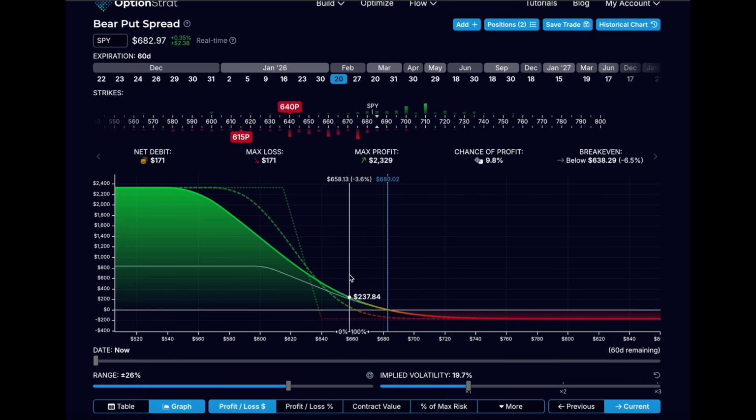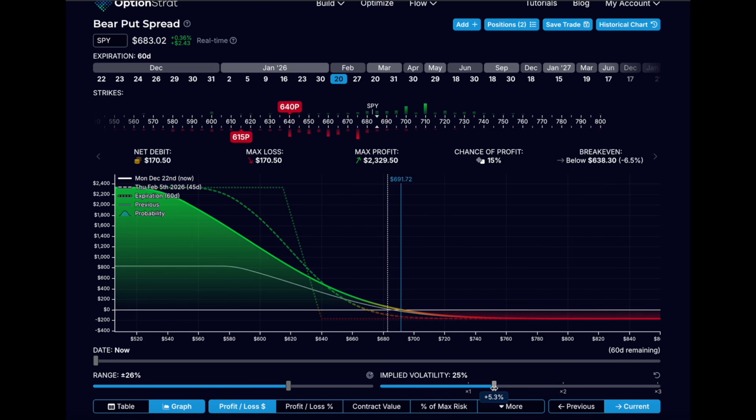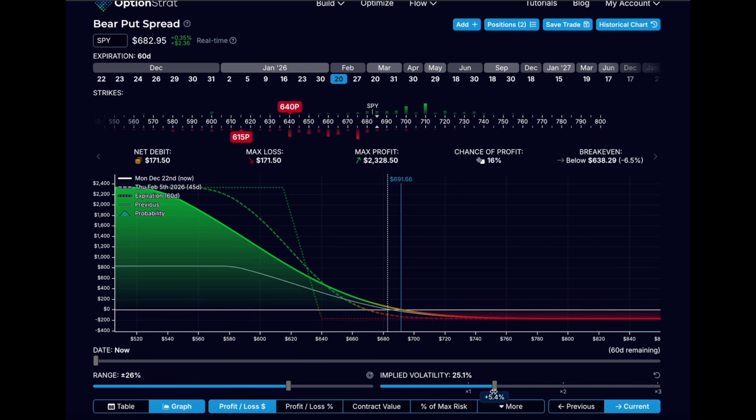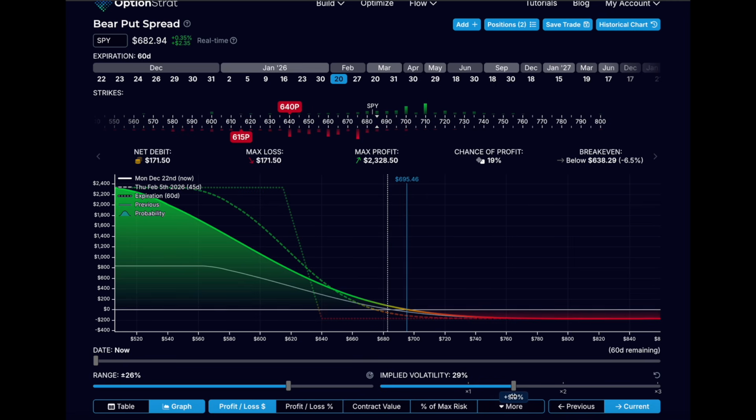Now, usually a downward price move comes with an increase in implied volatility. So let's increase implied volatility and see what that does to the performance of both spreads. So as I move the slider, I want you to keep an eye on that solid green line as well as the white line. And we can see here that an increase in implied volatility generally brings the T plus 0 line down.